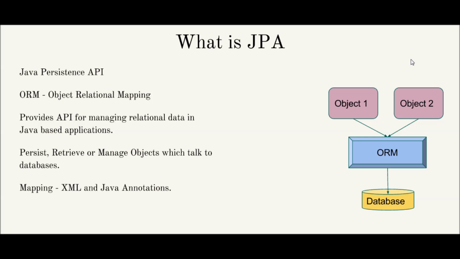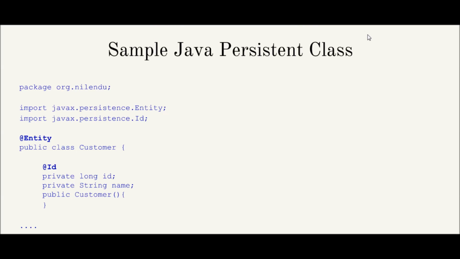Okay, so now that we have understood the basics of JPA, now we will have a look at two sample mappings which are used when you are trying to configure JPA for your application. Okay, so let's have a look at a Java class which is managed by JPA. As you can see, this class is called Customer and it has an annotation called Entity.